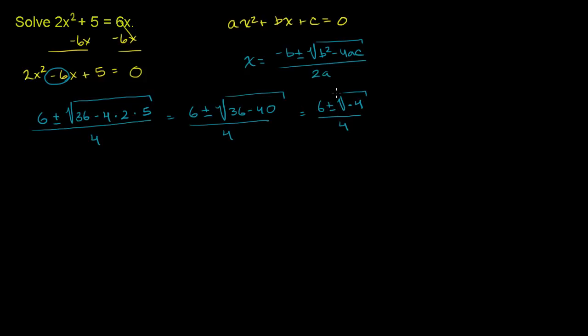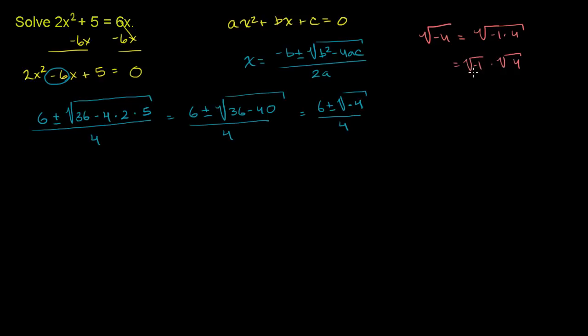So let's do that. So the square root of negative 4, that is the same thing as 2i. Or if you want to think of it this way, the square root of negative 4 is the same thing as the square root of negative 1 times 4 under the radical, which is the same thing as the square root of negative 1 times the square root of 4.